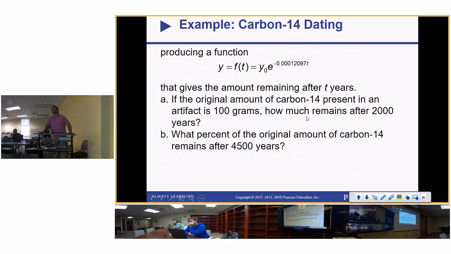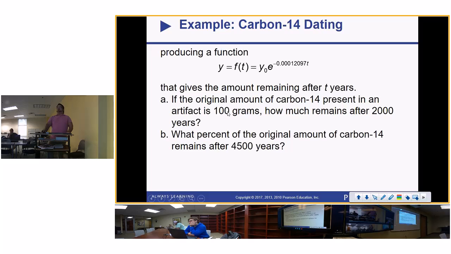All right, there it is. Y is equal to F of T, and they solved it for Y. So your initial Y times E to the negative blank T. So if the original amount of carbon-14 present in an artifact is 100 grams, how much remains after 2,000 years?